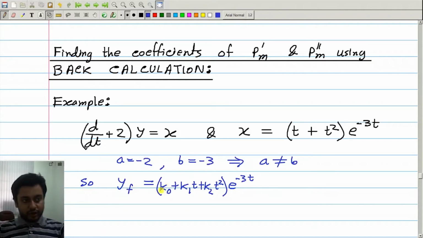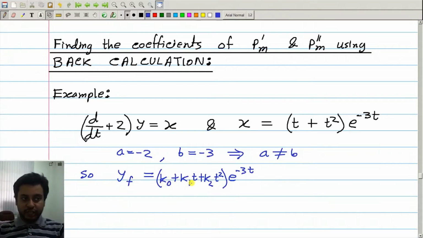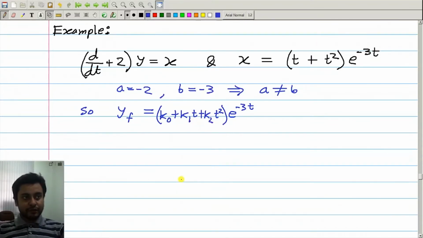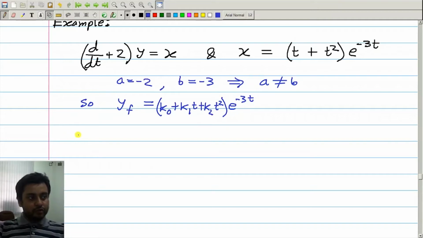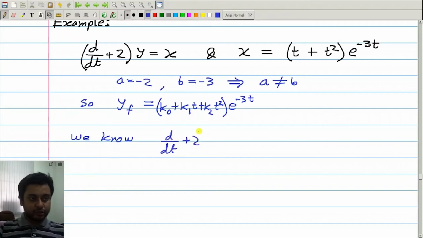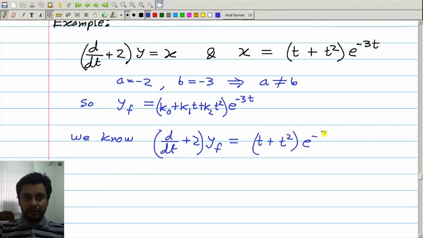Now what will be the value of k0, k1, k2? Let us find that. We know that this equation, d/dt plus 2 of y equal to x, will be satisfied by this y_f. So this will be equal to x, and x is (t plus t square) e to the power minus 3t.